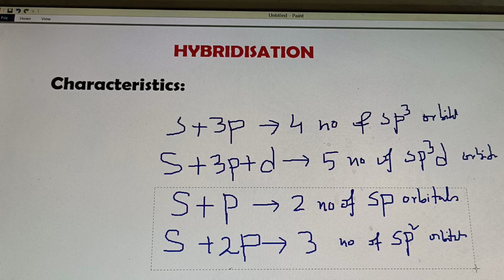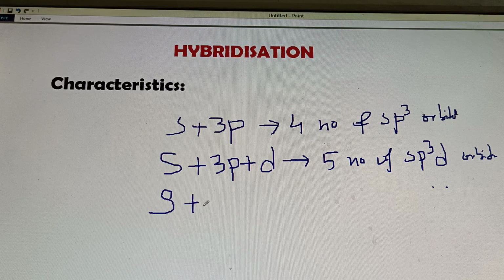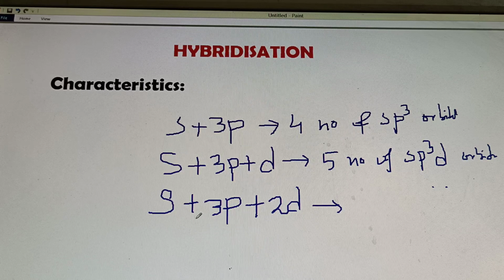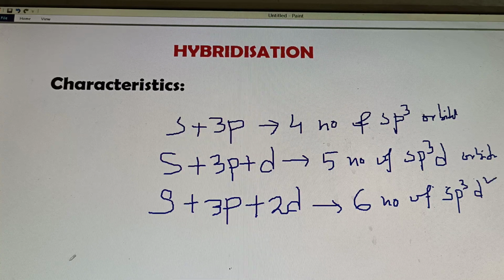Next, 1 s, 3 p and 2 d orbitals intermix to give 1 plus 3 plus 2, that is 6 sp3d2 orbitals.